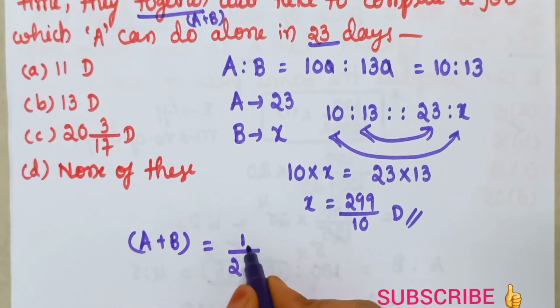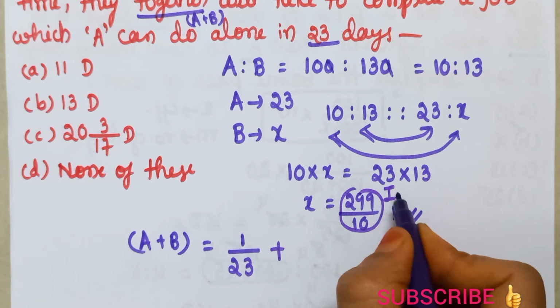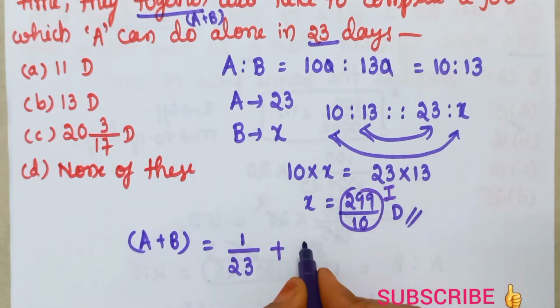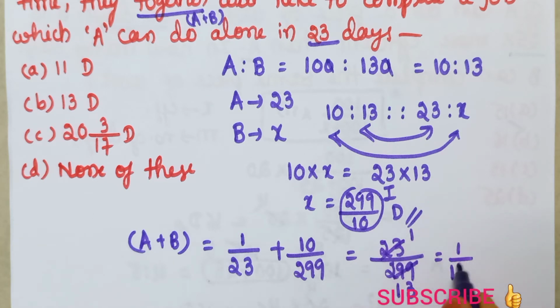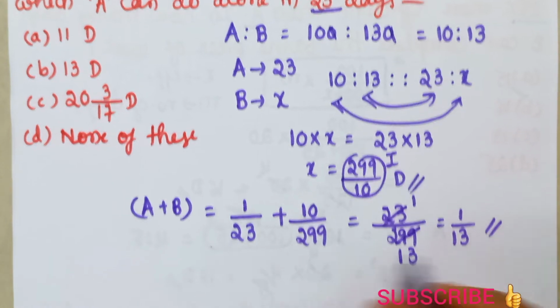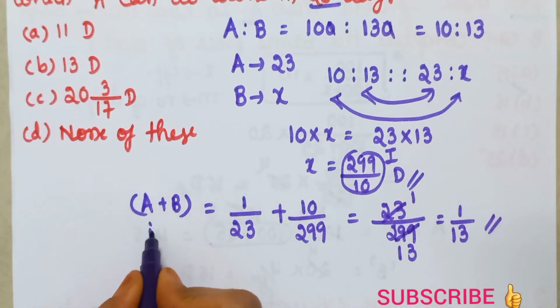B's one day work, we have to invert the days, so that is 10 by 299. If we simplify this, we will get 23 by 299. 23 ones are 23, 23 13s are 299. This is 1 by 13. So this is the work done by A and B in one day.